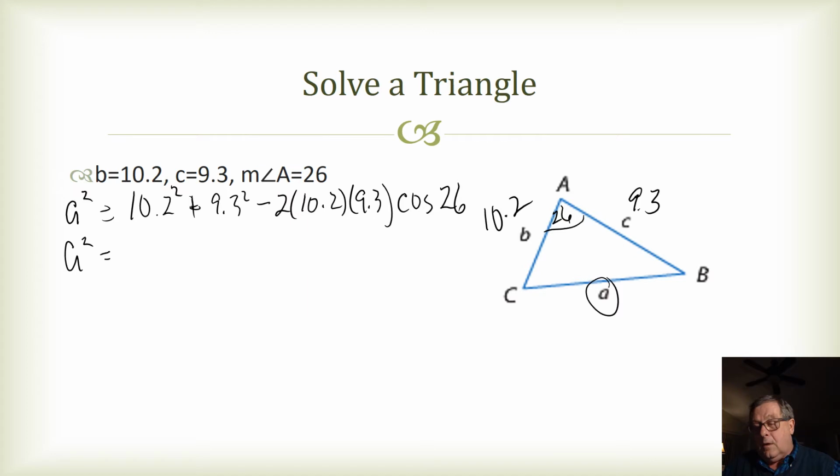I better turn my calculator on. 10.2 squared plus, and I'm going to do this part in one step, 9.3 squared. Well, that equals 190.53. And then I've got negative 2 times 10.2 times 9.3 times the cosine of 26.